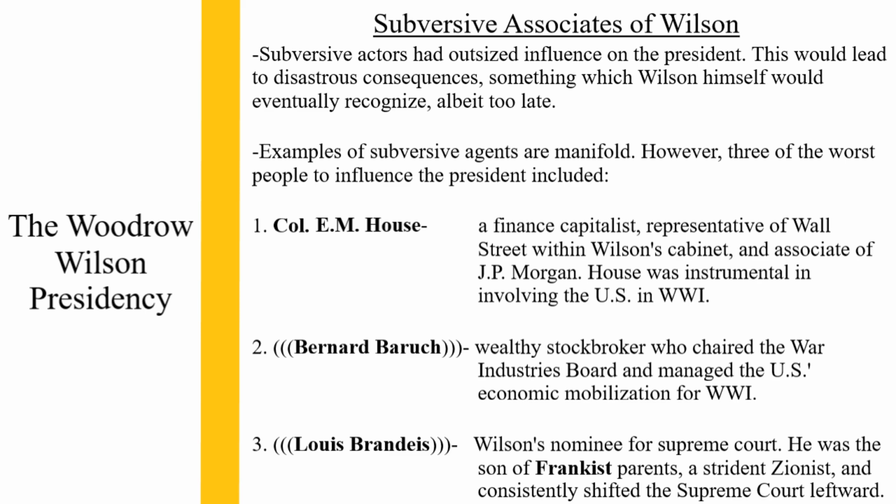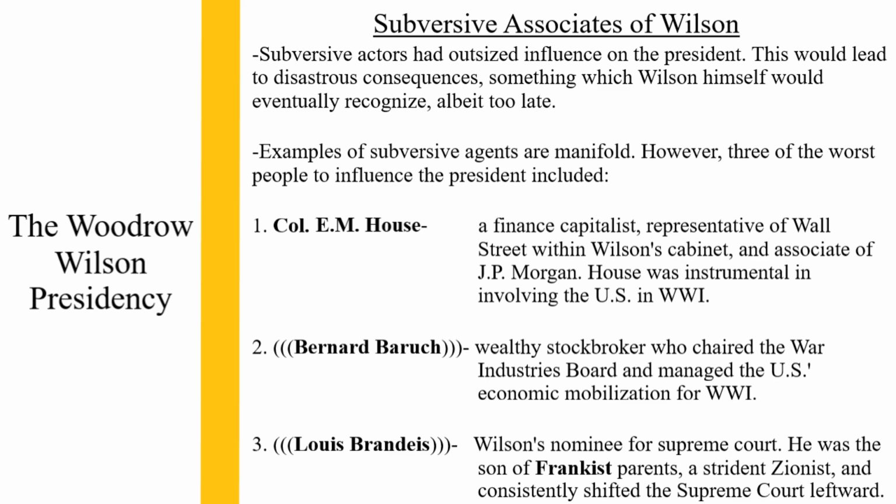House was instrumental in involving the U.S. in World War I. Bernard Baruch, a wealthy stockbroker who chaired the War Industries Board and managed the U.S.'s economic mobilization for World War I. And Louis Brandeis, who was Wilson's nominee for Supreme Court. He was the son of Frankist parents, a strident Zionist, and consistently shifted the Supreme Court leftward.